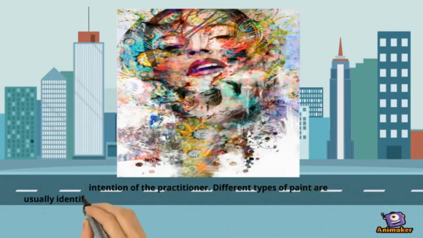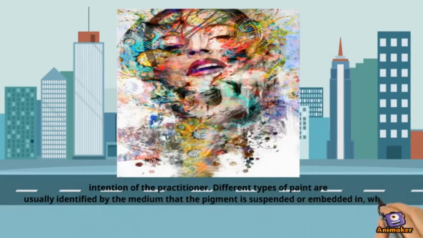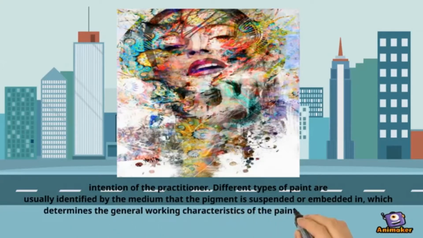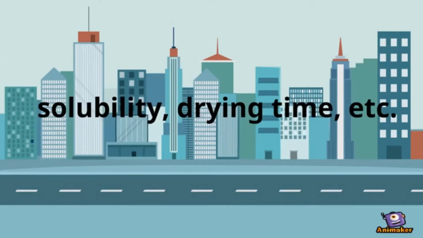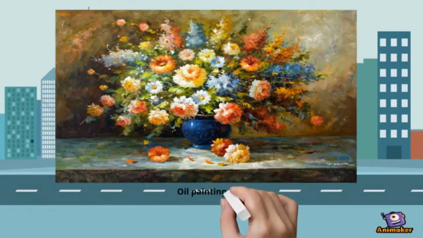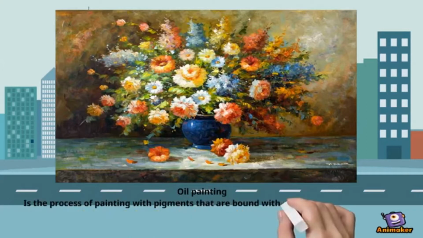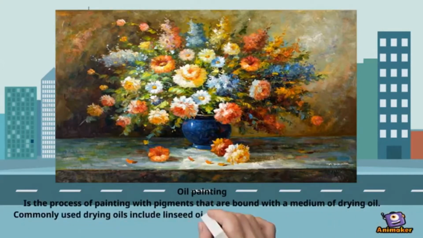Different types of paint are usually identified by the medium that the pigment is suspended or embedded in, which determines the general working characteristics of the paint, such as viscosity, miscibility, solubility, drying time. Oil painting is the process of painting with pigments that are bound with a medium of drying oil.